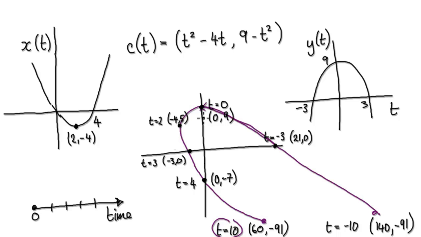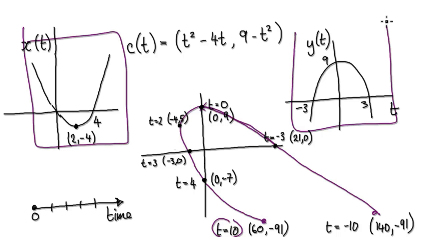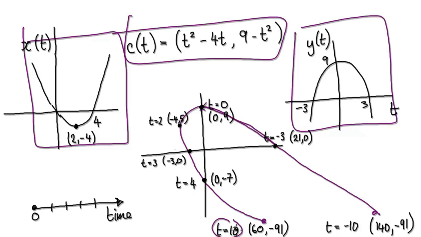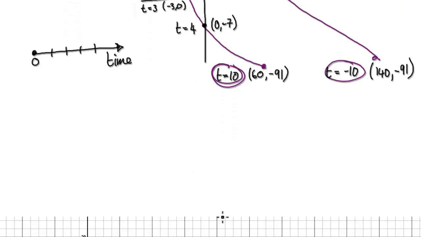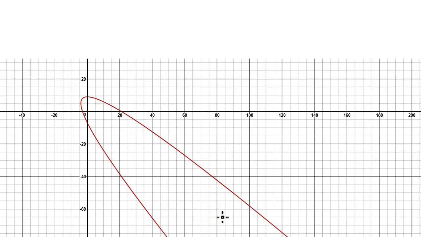So you can extract a lot of information just by looking at these two graphs. If you get a graph plotter and plot this for t from -10 to 10, it will look like this.